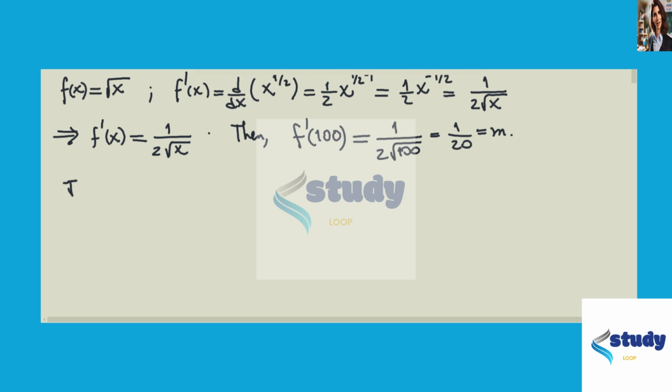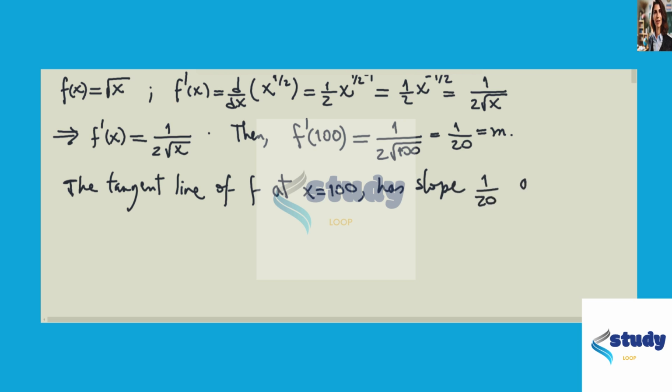Now, the tangent line of f at x equal 100 has slope 1 over 20 and passes through the point 100, f of 100.